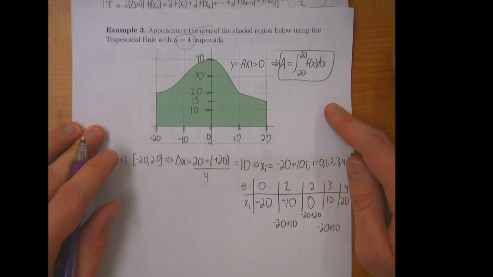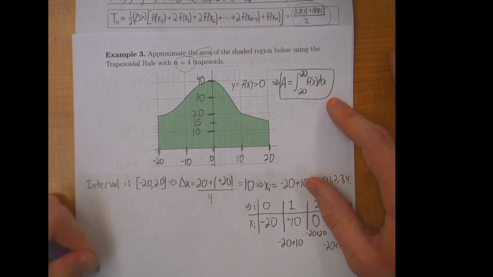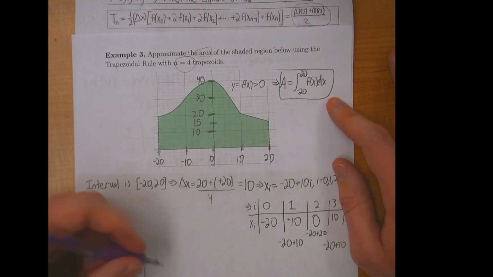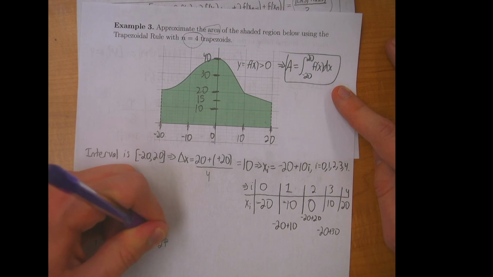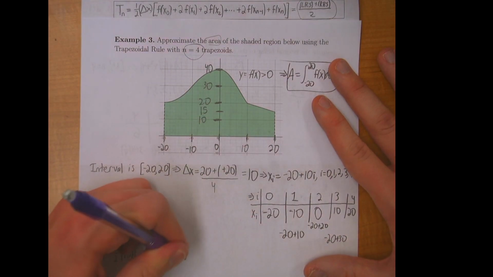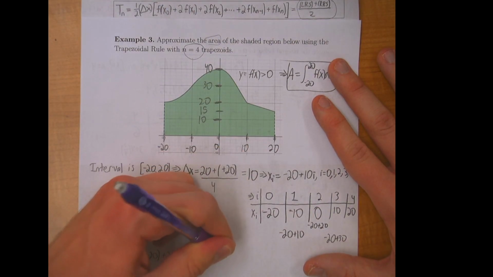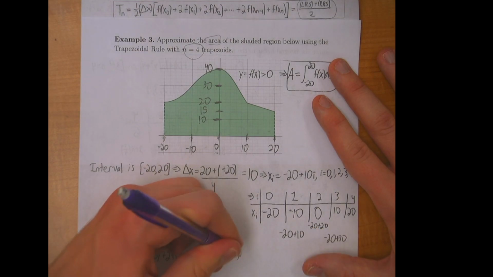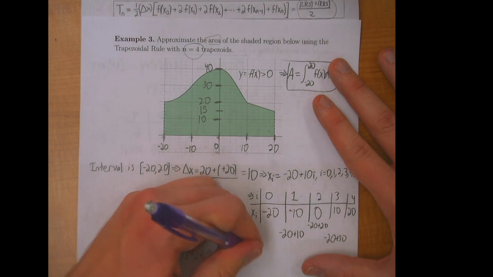So as a result of this, well, let's see. That means T sub 4 in this case is going to be 1/2 times delta x, so 10 in this case, times f of x sub 0, so negative 20, and then plus 2 times f of x sub 1, so negative 10, and plus 2 times f of x sub 2, so 0, plus 2 times f of x sub 3, so 10, and then plus f of x sub 4, so in this case you get 20.